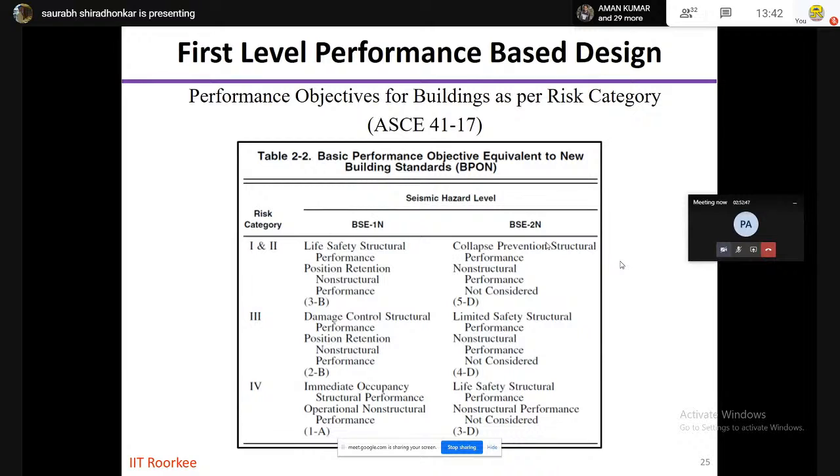So risk categories 1 and 2 mean the general buildings, where you can say that the building should have moderate damage when it comes to moderate earthquakes, and it should have severe damage or collapse state when it comes to severe earthquakes. Then the important buildings like hospitals are categorized as risk category 3, where you could say that the building should have damage between slight and moderate state under moderate earthquake, and between moderate and collapse under severe ground shaking.